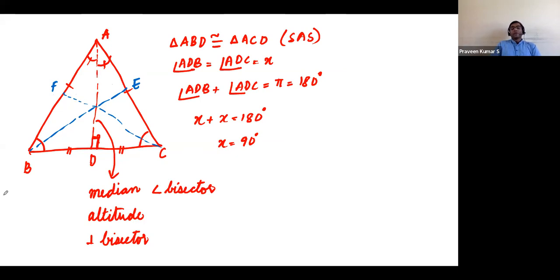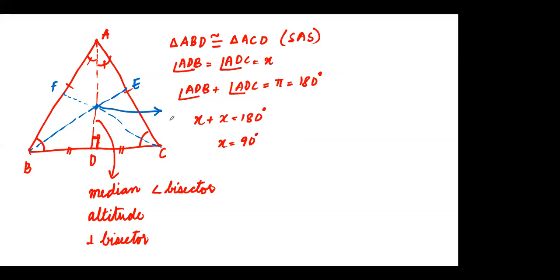Okay. So in an isosceles triangle, the interesting properties are all around the altitude or the median which is drawn from the unequal angle to the unequal side. Okay. So what will this point be? The point of intersection of all the medians. What is it called?